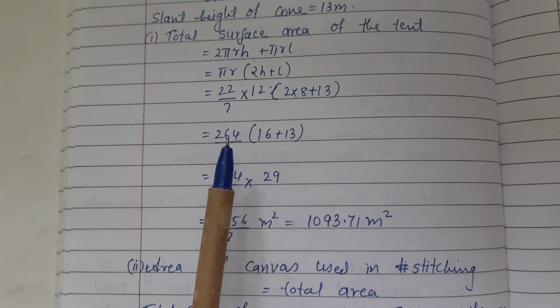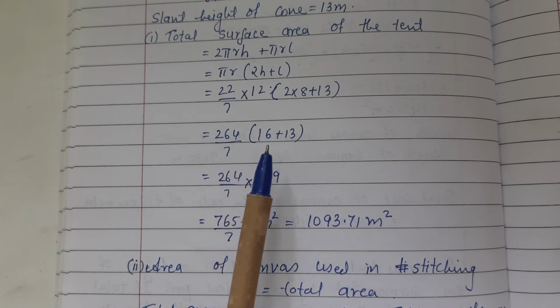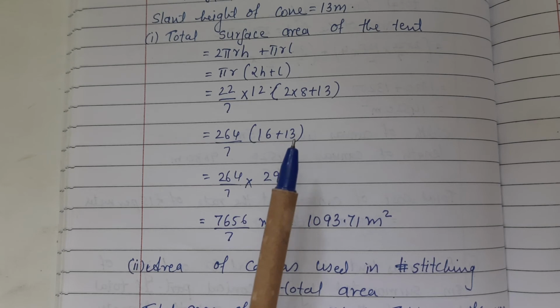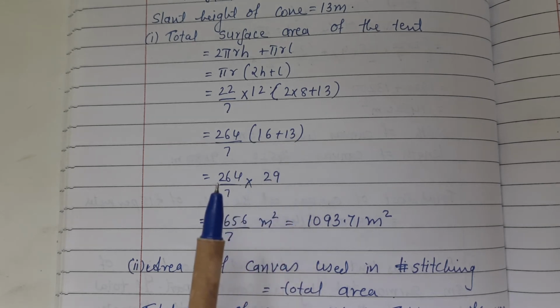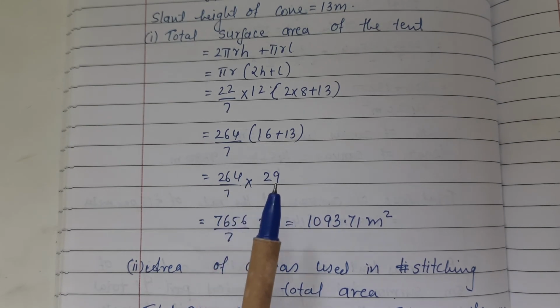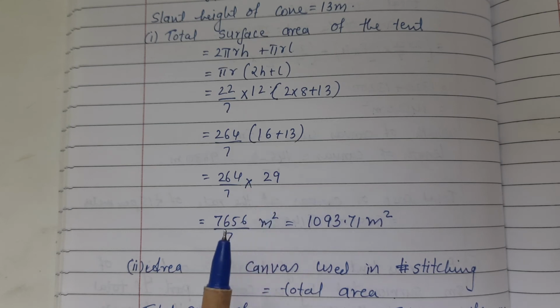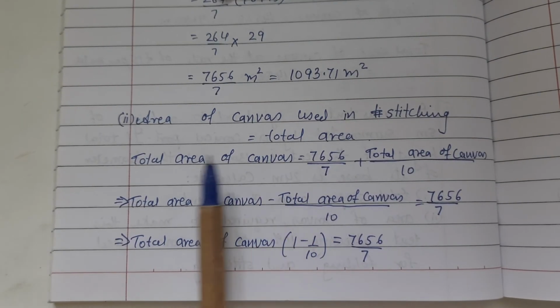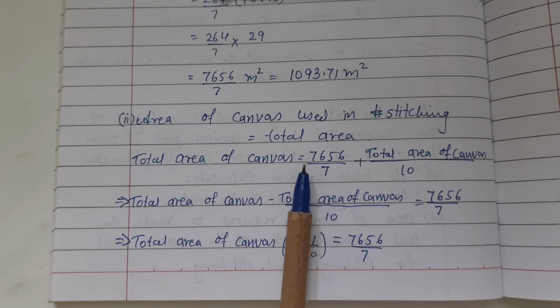Here 264 upon 7 into 16 plus 13. 16 plus 13 is 29. So 264 upon 7 into 29, which is equal to 7656 upon 7 equal to 1093.71 meters square.